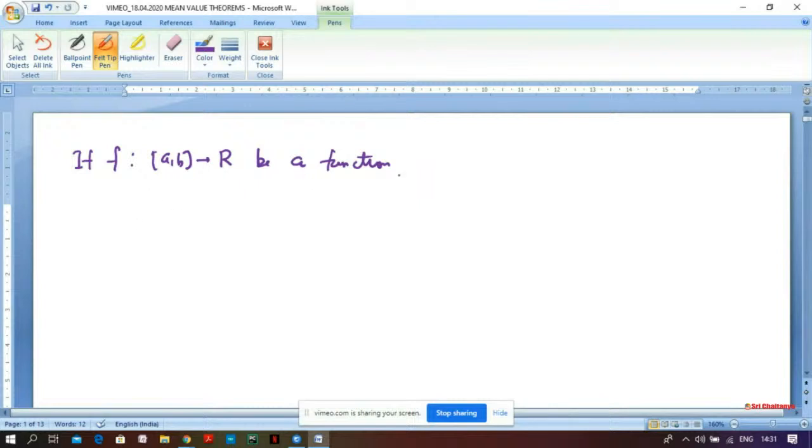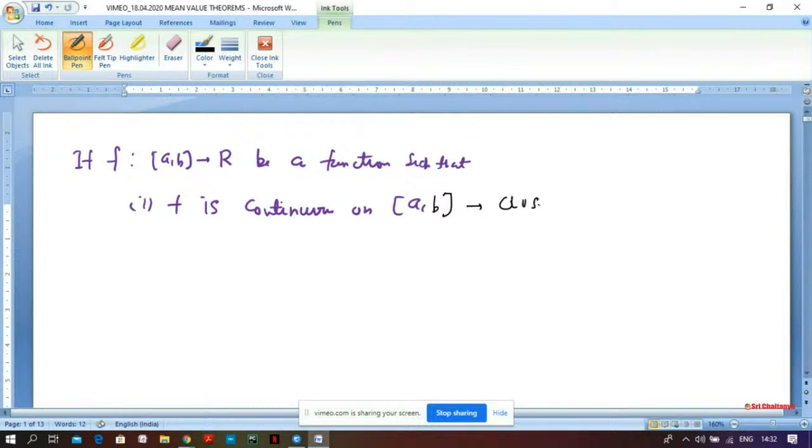So if this be a function such that, first, f is continuous on [a, b], that is, on the closed interval.